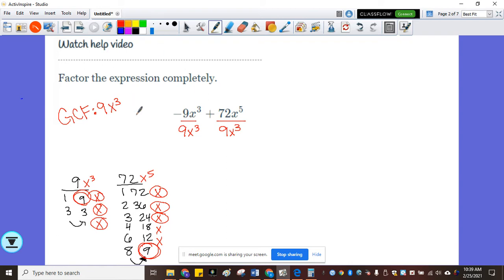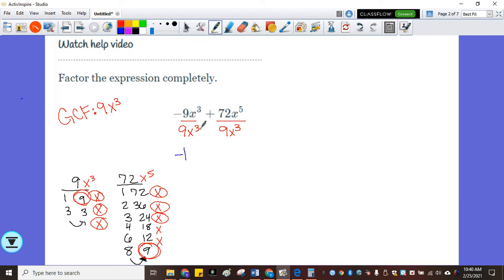So when you divide, what's -9 divided by 9? Use your calculator. What's 9 divided by 9? 1. A negative divided by a positive is a negative.